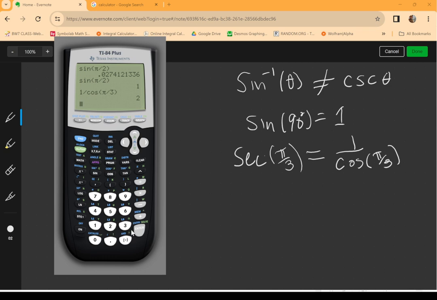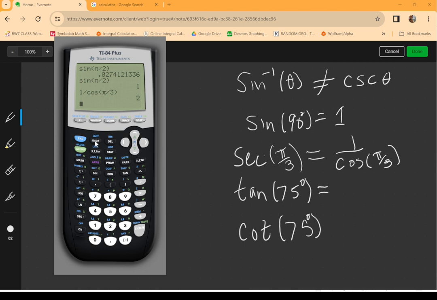Now, if we're given an angle that isn't on the unit circle, let's say 75 degrees, let's say that I wanted to calculate tangent 75 degrees and cotangent 75 degrees. We'll start with the tangent.